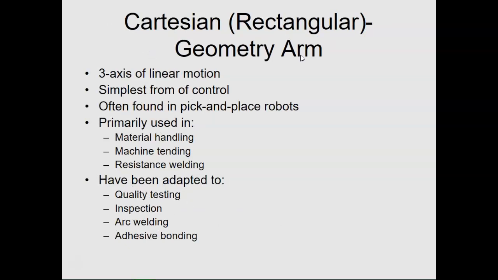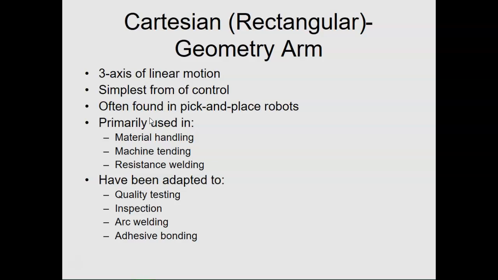So for Cartesian geometries, you have 3 axes of motion. This is probably the simplest form of control. This is a very common one used, and it is as simple as it can be. It literally moves in a square. How much easier can you get than moving in a square? You can't.